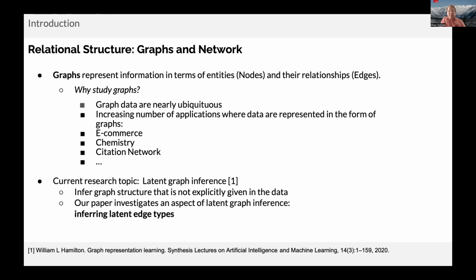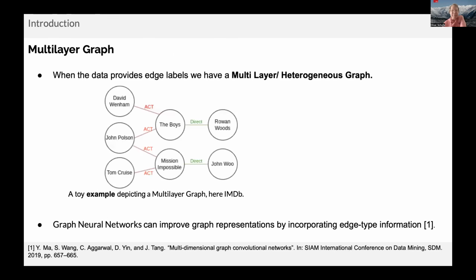I see our paper as being in that general context, but we're just doing a particular aspect of latent graph inference, which is inferring latent edge types. By the way, I can warmly recommend William's book if you want to learn about graph learning.